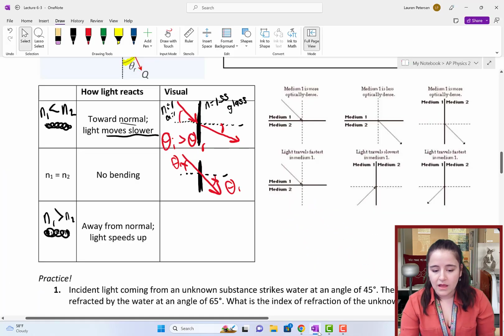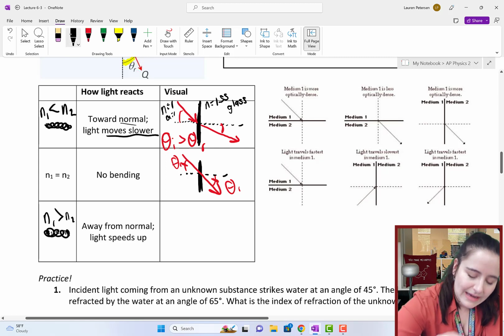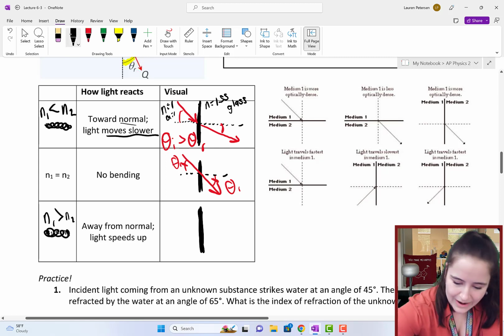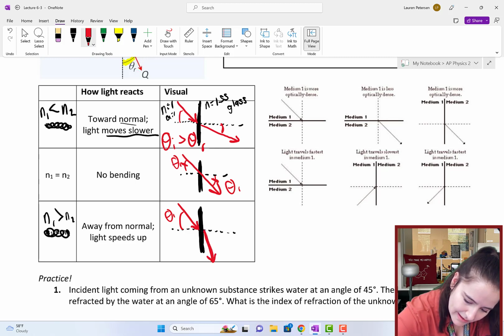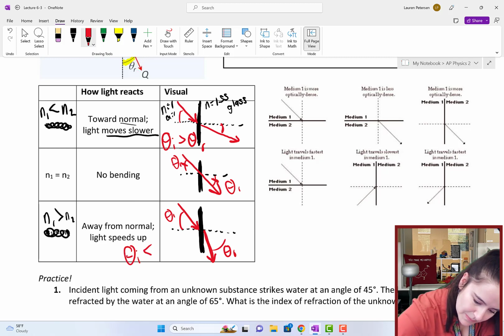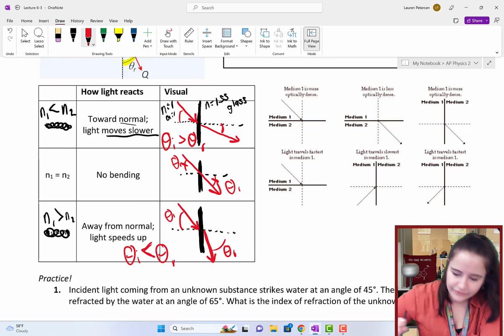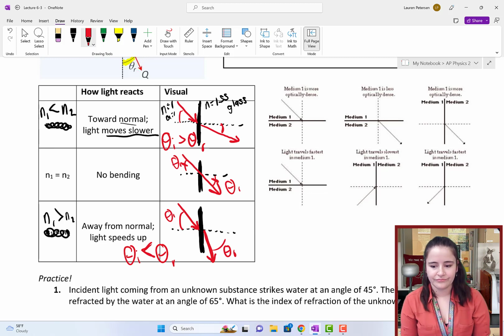So when the light is speeding up, it bends away from the normal. We have our angle of incidence, and then it's going to bend away, the angle of refraction. So our angle of incidence will be less than our angle of refraction. Okay, cool.